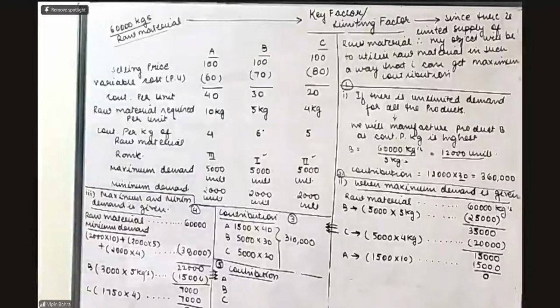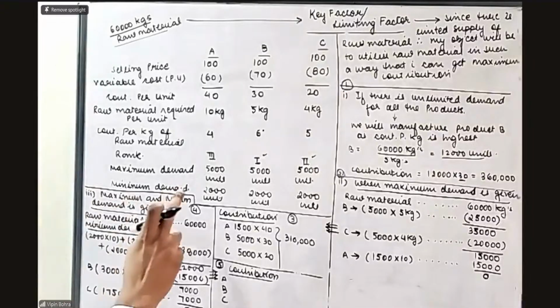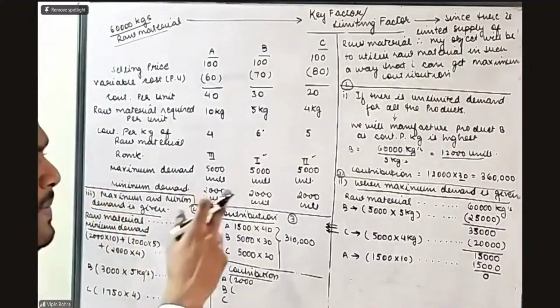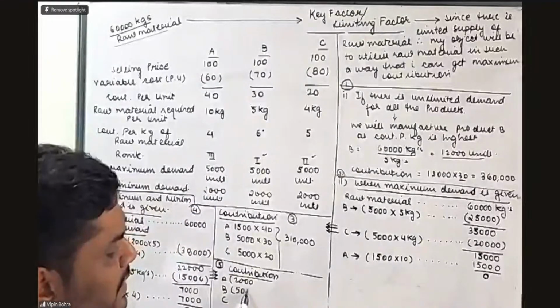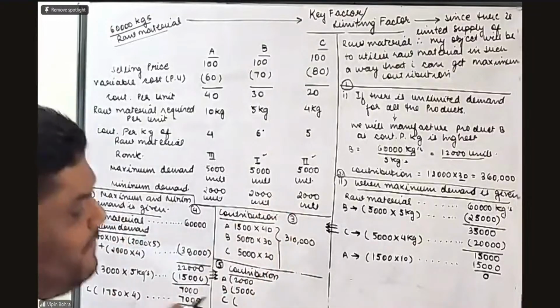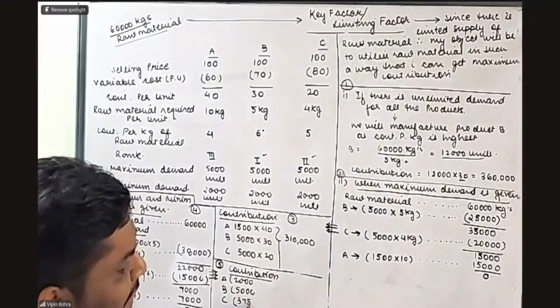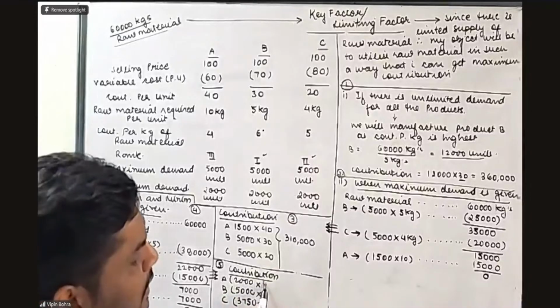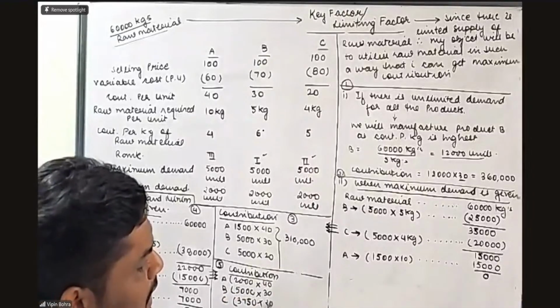So A, how many units we manufacture for product A? Only the minimum quantity, that is 2000. For B, we manufacture full 5000. And for C, 2000 plus 1750, 3750, into 40, 30, and 20.